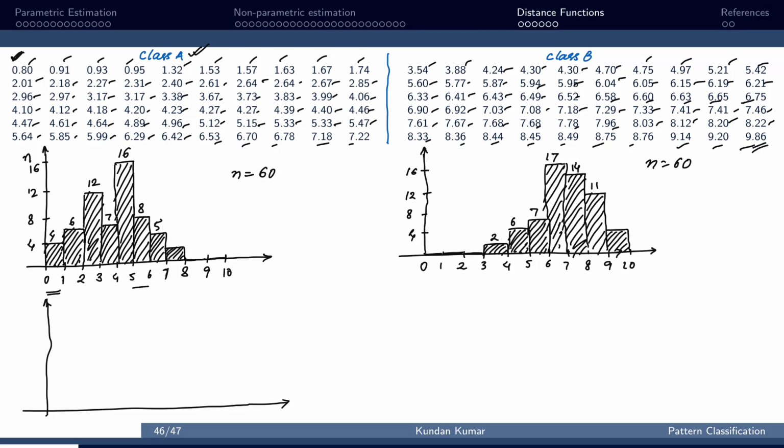So we have to divide 4 divided by 60, then it will give us the probability densities x given a.